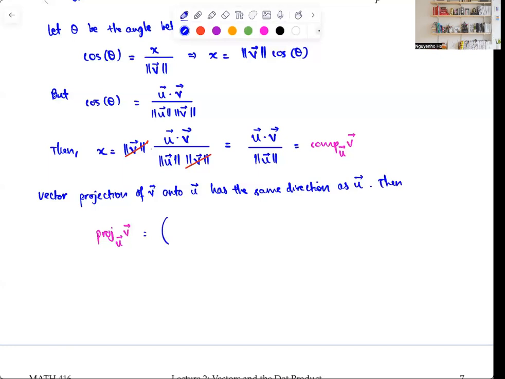So this you are taking from the scalar projection, and then you use regular multiplication and multiply that with the unit vector of vector u.